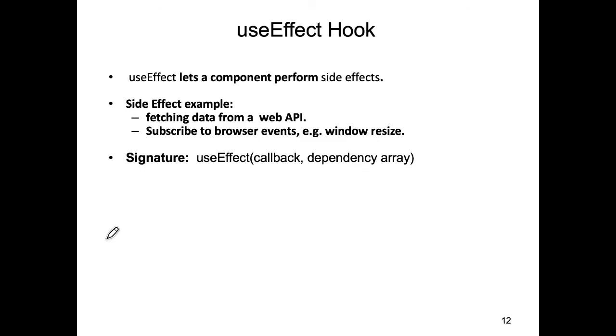The dependency array is a little bit tricky, but essentially the useEffect hook doesn't execute every time a component re-renders, and you can control when it should or should not run by means of the dependency array. That's essentially the role of the dependency array. So every time a component re-renders, the useEffect hook doesn't necessarily execute. It may be skipped over, and you can control that by means of the dependency array. When I say the useEffect hook doesn't execute, what I really mean is that the callback doesn't execute.